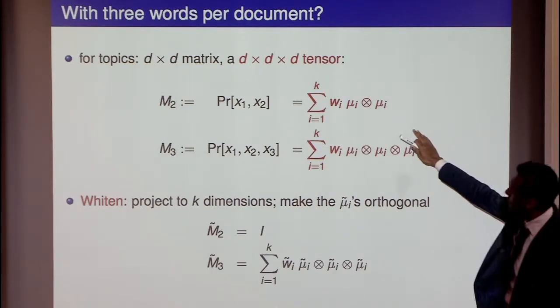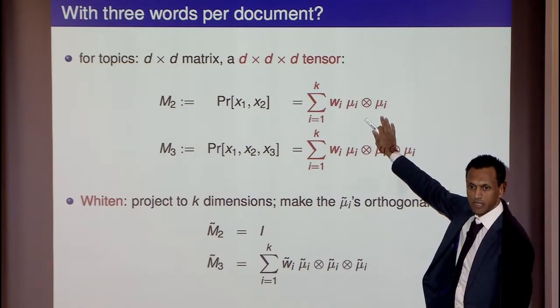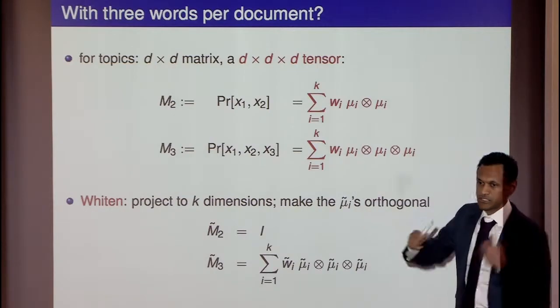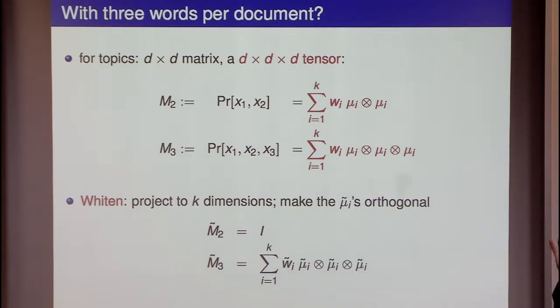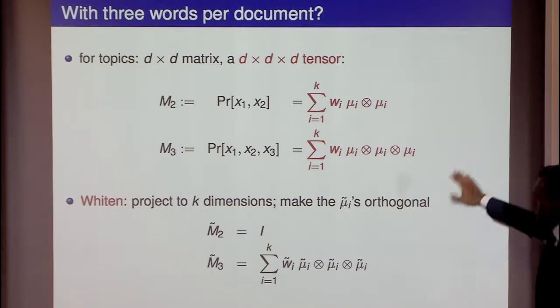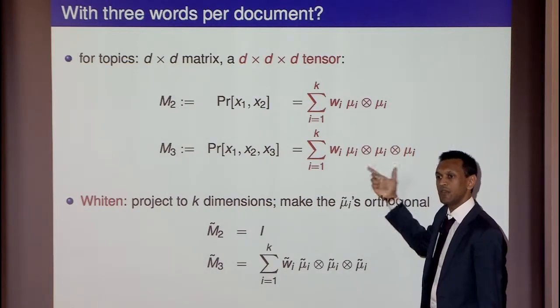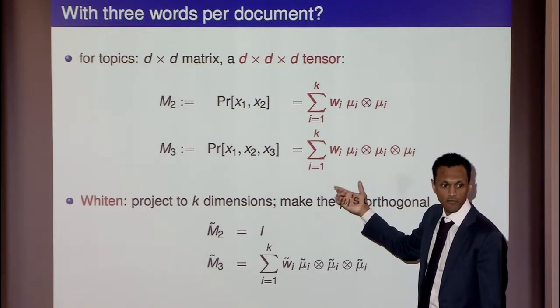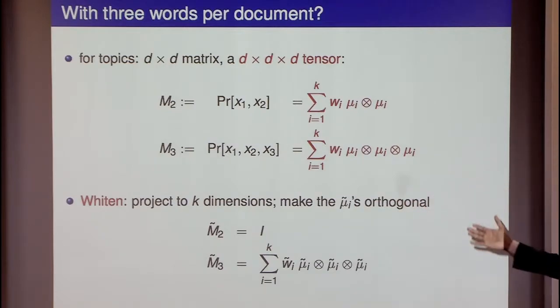I'm going to give you a matrix, and I tell you it has this structure. I'm going to give you a tensor, a d-cubed object where each entry specifies the probability of three words co-occurring. I give you these objects, and I ask you, can you tell me the mu_i's? If you can, then it's identifiable, if they're unique up to permutations.